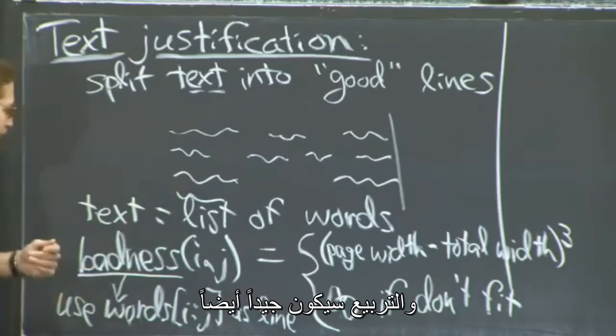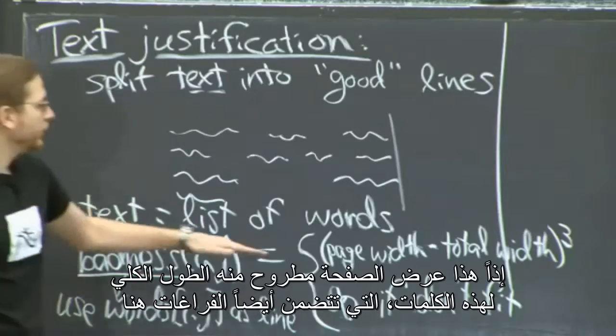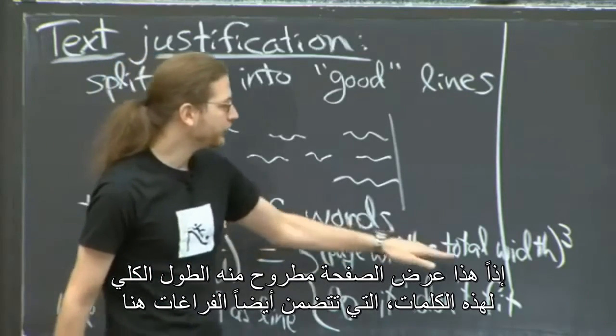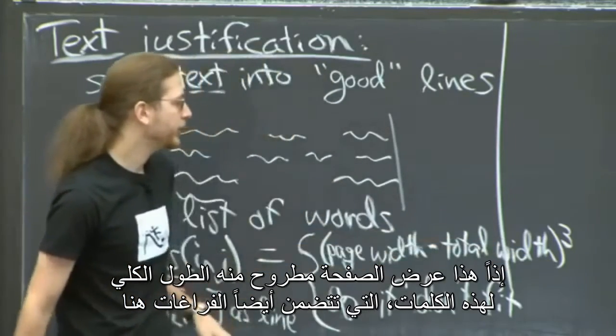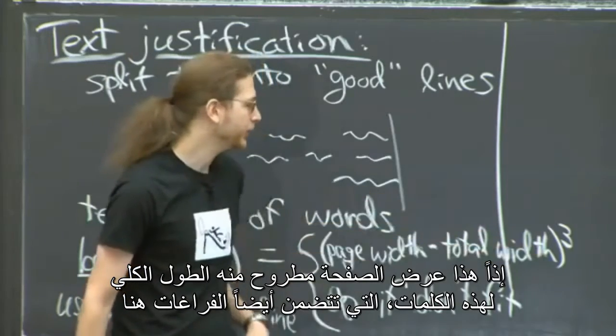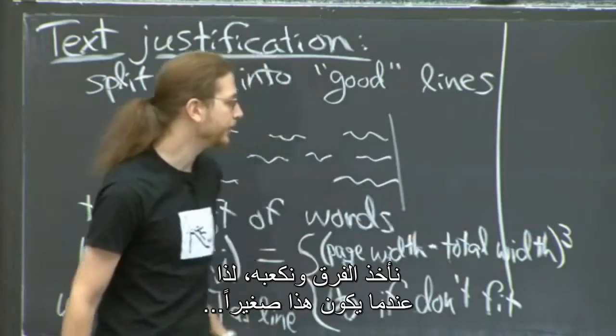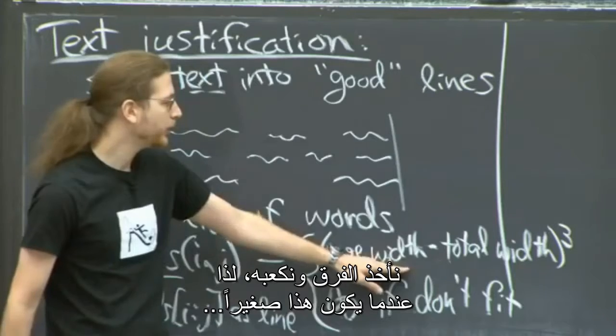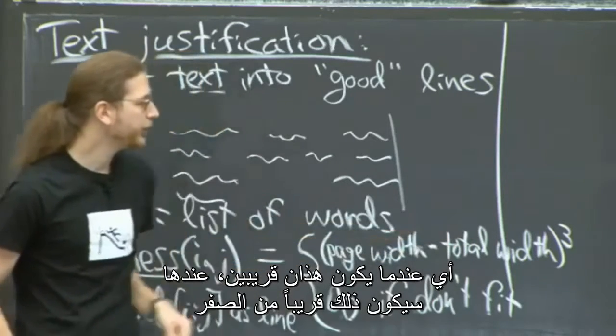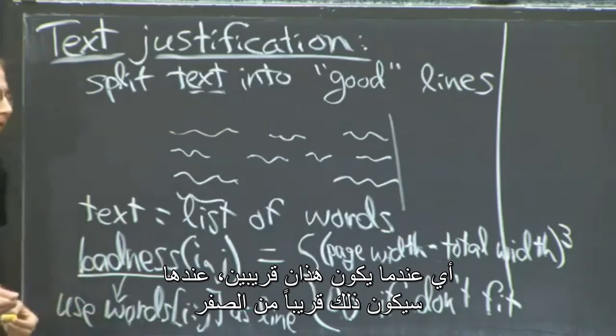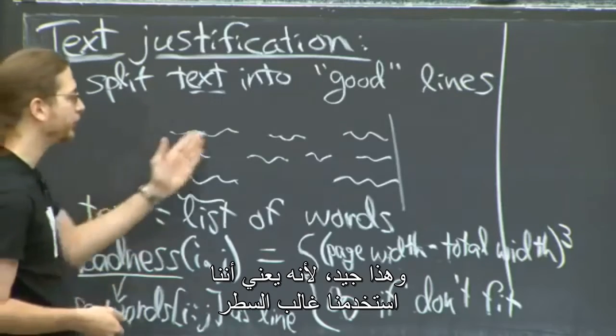And squared would probably also be fine. So this is the width of the page minus the total width of those words, where you also have to include the spaces. You take the difference, you cube it. When these are very close, this is going to be close to 0. That's good. That means you use most of the line.